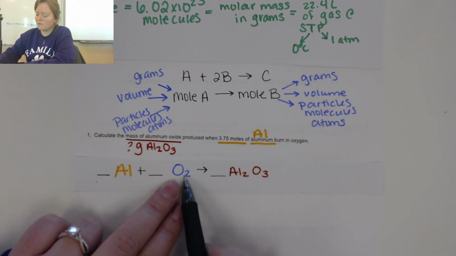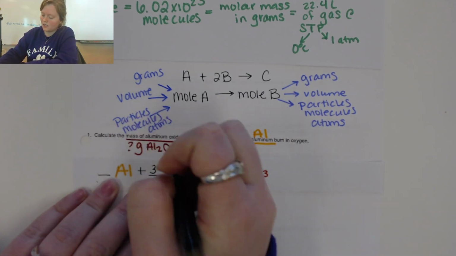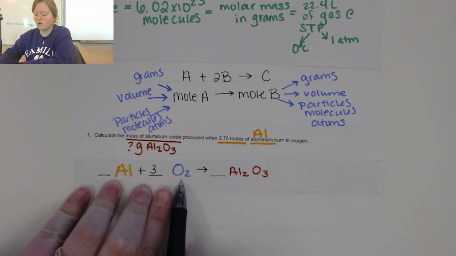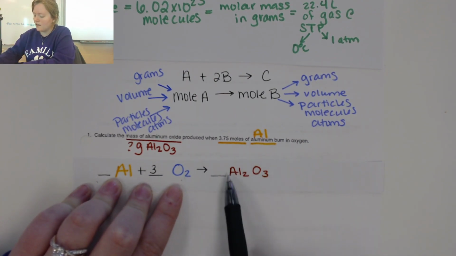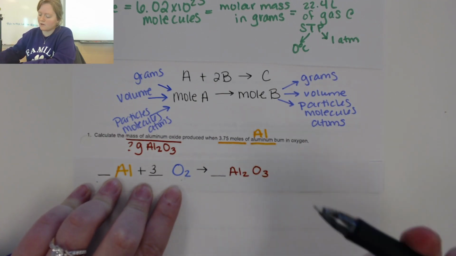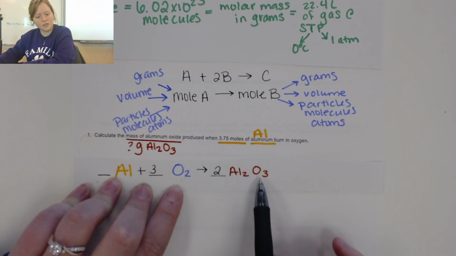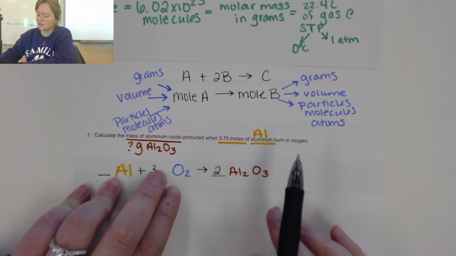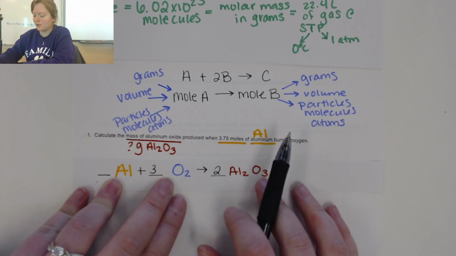If we multiply this side by 3, that gives us 6 total oxygen atoms. And on this side, we have 3 oxygen atoms. If we multiply by 2, we're going to have 6 oxygen atoms. So we have 6 and 6, so they are balanced.